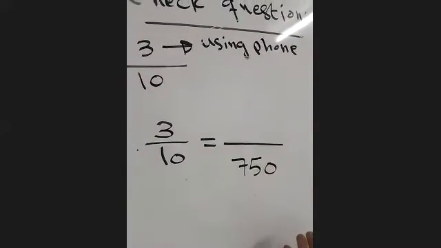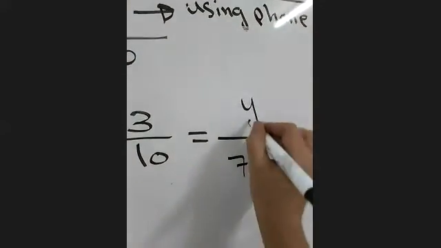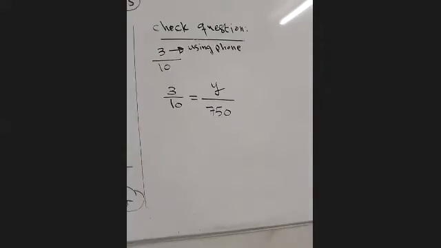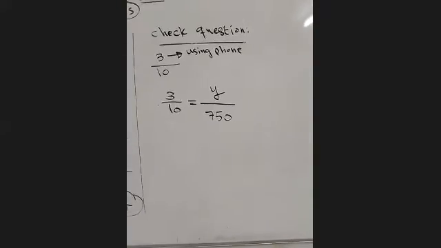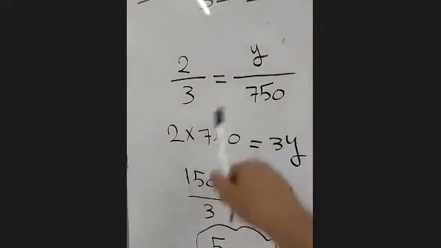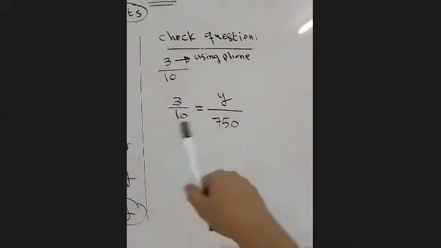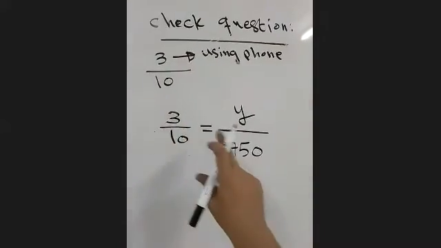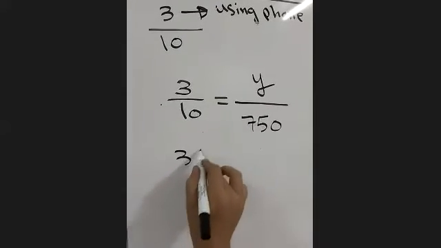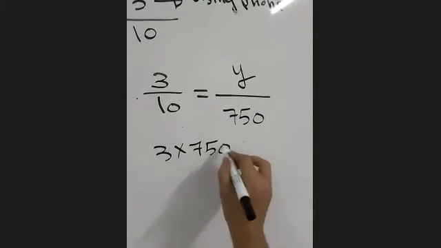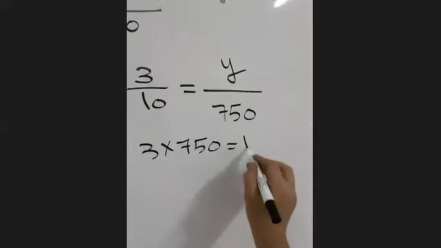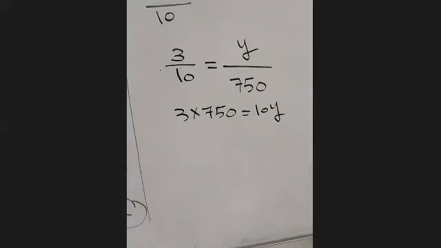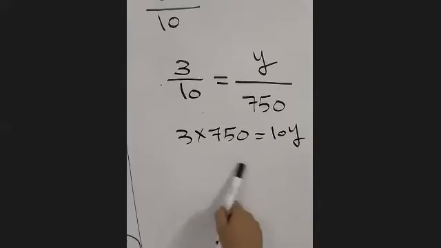Do we know how many students out of 750 use a phone? No. This is the wanted from the question, so I will put y. What will I do now? Cross product and do our calculations. 3 multiply 750 equals 10 times y, 10y. Now find 3 times 750.